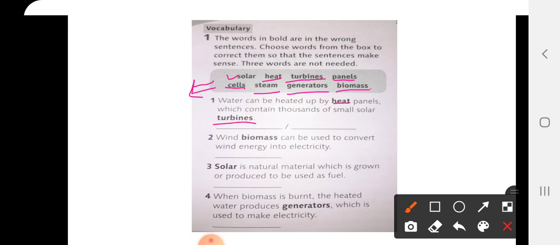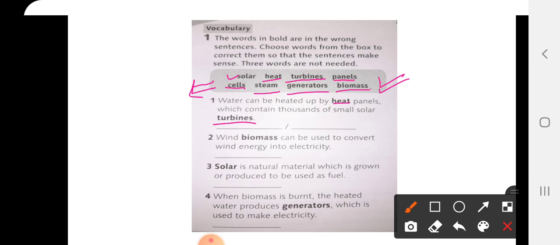According to the sentences, these words are not correct. We have to choose the correct one from this box. I'll do the first one for you so you can understand what to do next. The first sentence says, water can be heated up by heat panels, which contain thousands of small solar turbines.